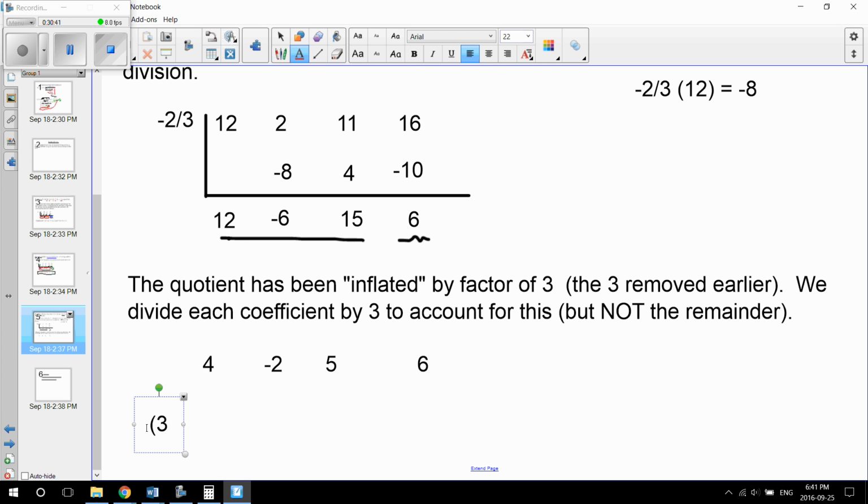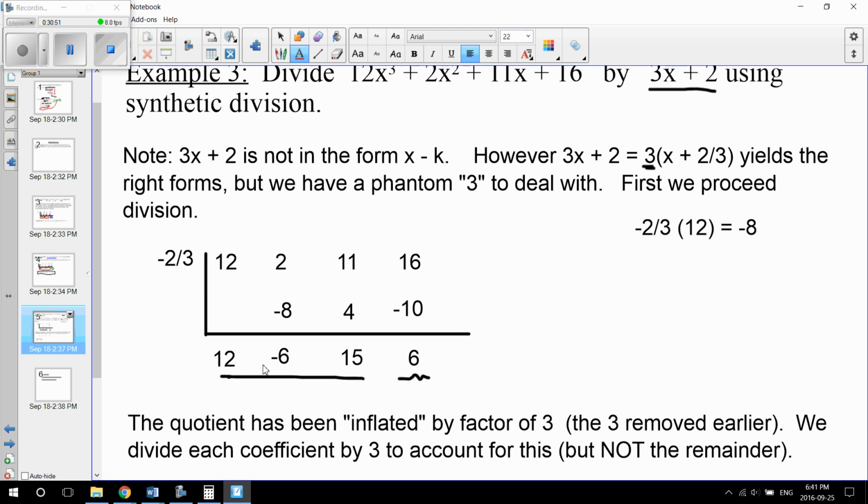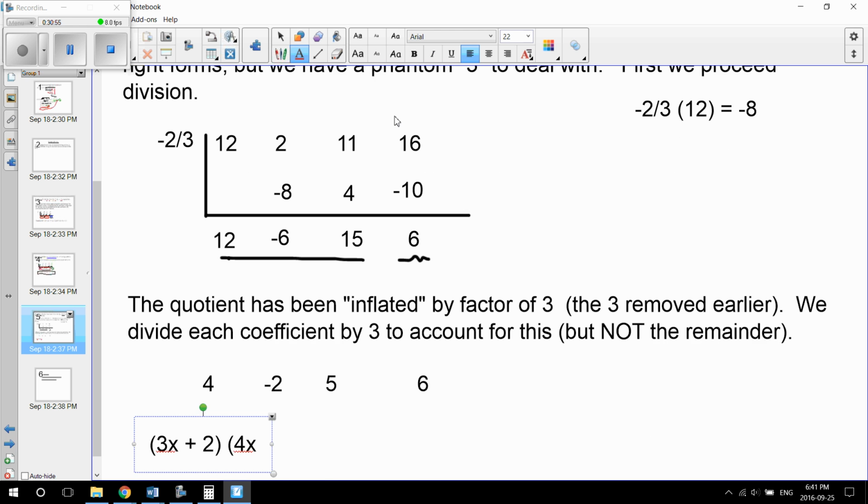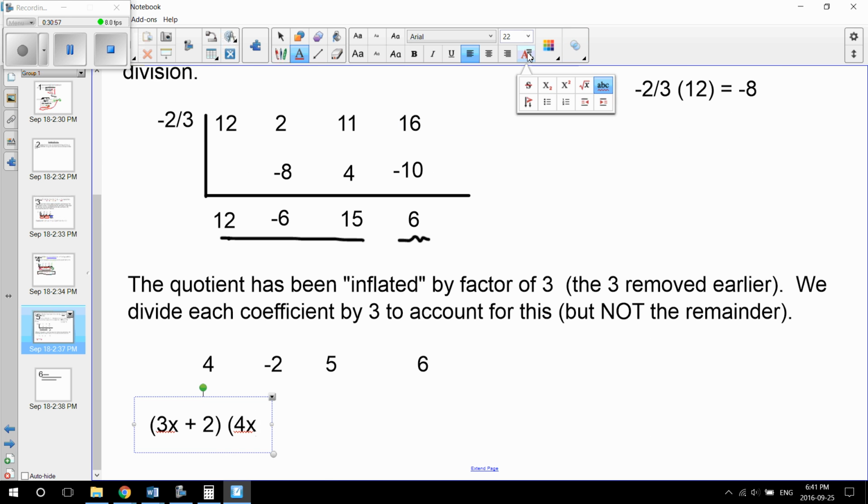So we have that 3x plus 2, which was our original factor that we were dividing by. We're left with 4, and again it's an x squared because our original polynomial started with an x cubed. Minus 2x plus a 5, and then we still have a remainder of 6 here.